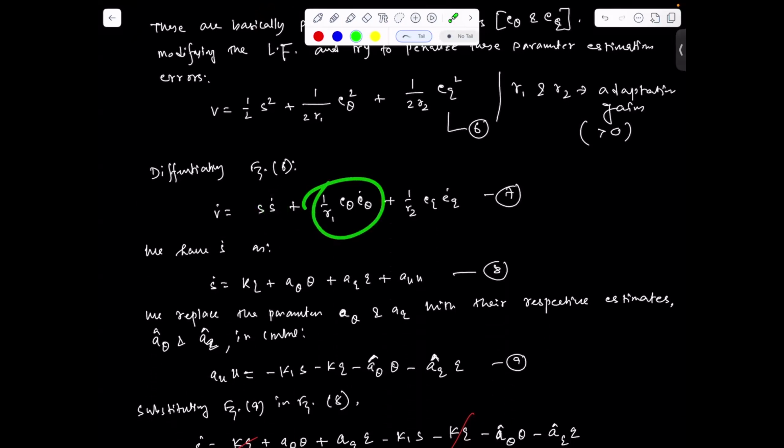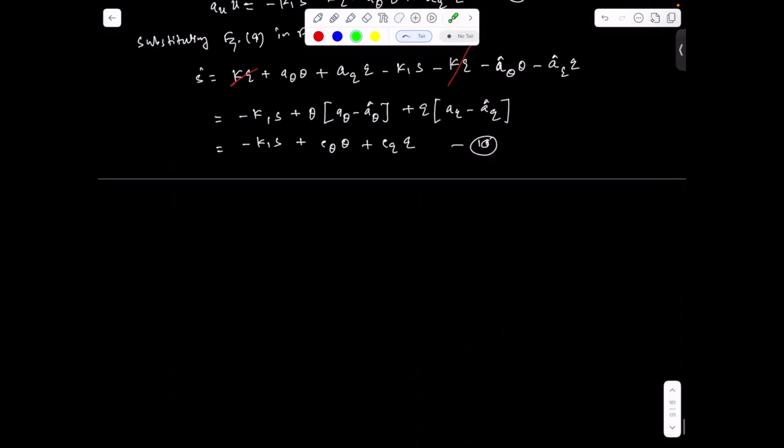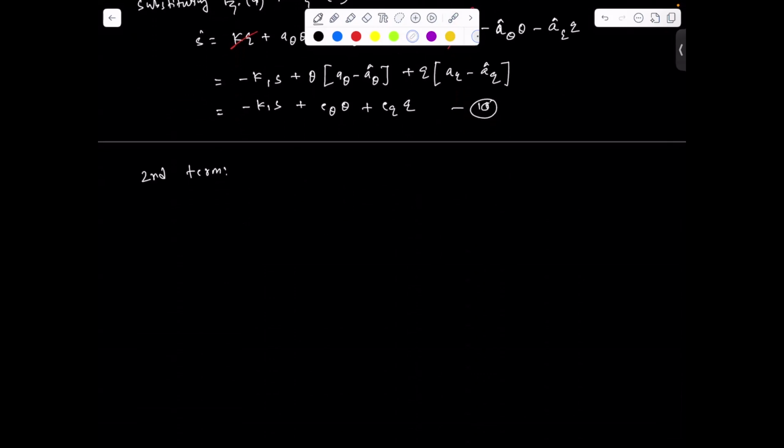Now we'll go to the second term. For this we have 1 upon R1 E theta E theta dot, and we can write also E theta cap dot, right?